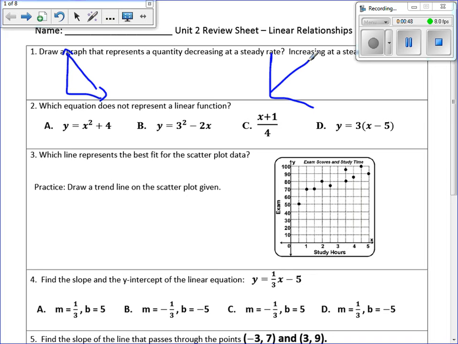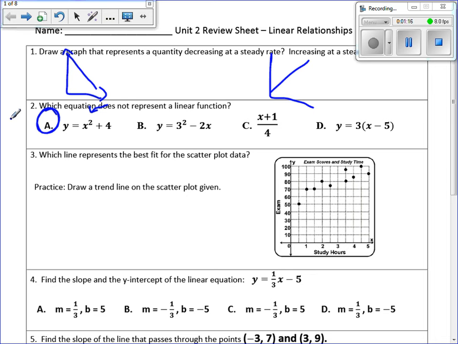Which equation does not represent a linear function? Just by looking at the equations, the one that's not a linear function is the one where the exponent has a variable. So in A, y equals x squared plus 4, that variable having an exponent tells us that it's non-linear.